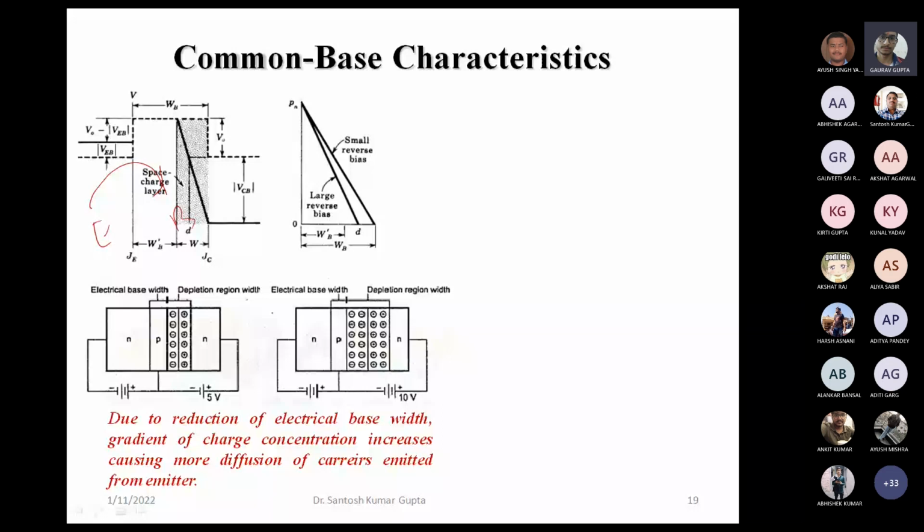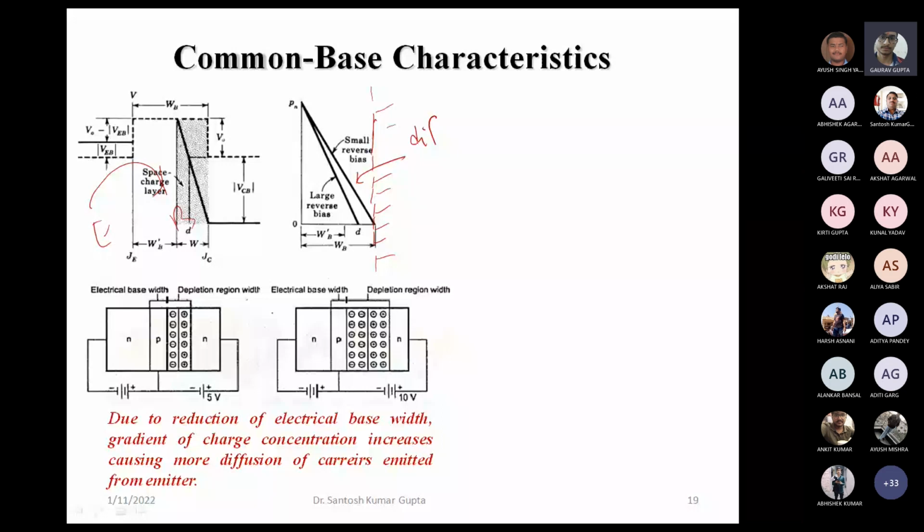So for a given VCB, say the depletion region starts from here, then we have the slope of the minority charge carrier concentration like this, which governs the diffusion of these charge carriers.